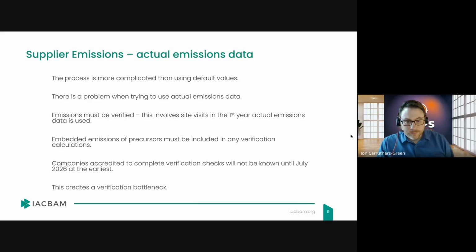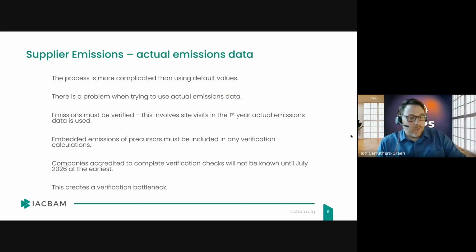First of all, these emissions must be verified. What does that mean? It means that an officially accredited verification company must make a site visit to this plant within the first year that you wish to use these emissions values.